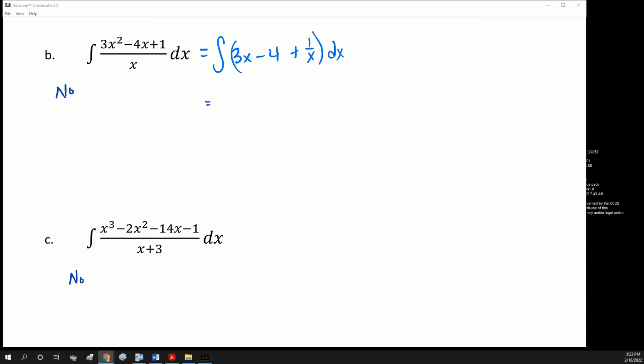So this is adding 1 to the exponent, dividing by the new exponent. The integral of negative 4 dx is going to be just negative 4x. And then for 1 over x, the antiderivative of that is the natural log of the absolute value of x. And then because this is an indefinite integral, don't forget the plus c at the end.